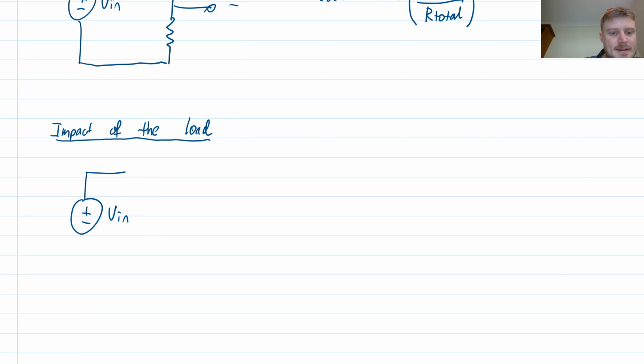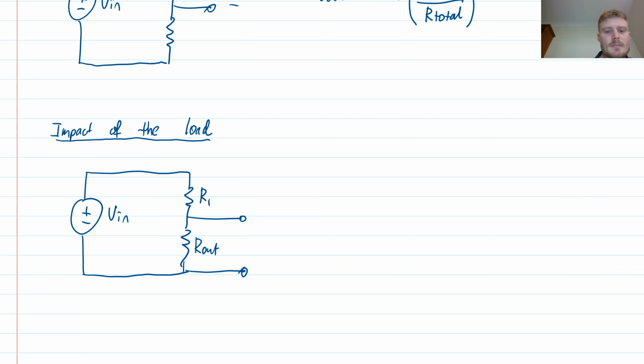Let's set up my voltage divider, resistor 1, resistor 2, connected in series, and I'll define my output voltage like this. Let's call this one R1, and this one R out. My output voltage is here, so that's V out. And I say, well, okay, that's good, but now I'm going to connect that to something.